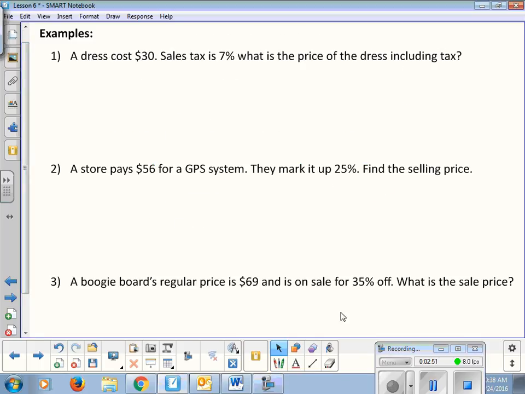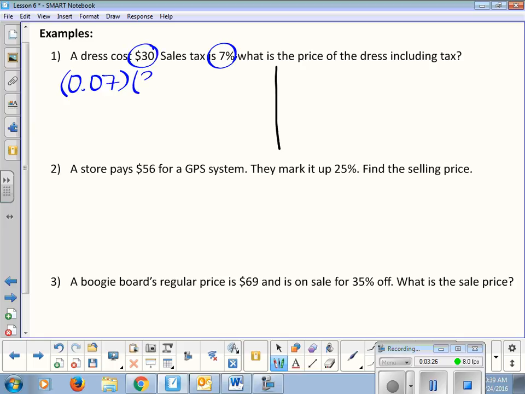Okay, I'm going to show you two ways to solve these three examples. We can do the first one together. The dress costs $30 and the sales tax is 7%. What is the price of the dress including tax? 7% sales tax, how do we write that as a decimal? 0.07, and we want to multiply that by our original amount, which is $30.